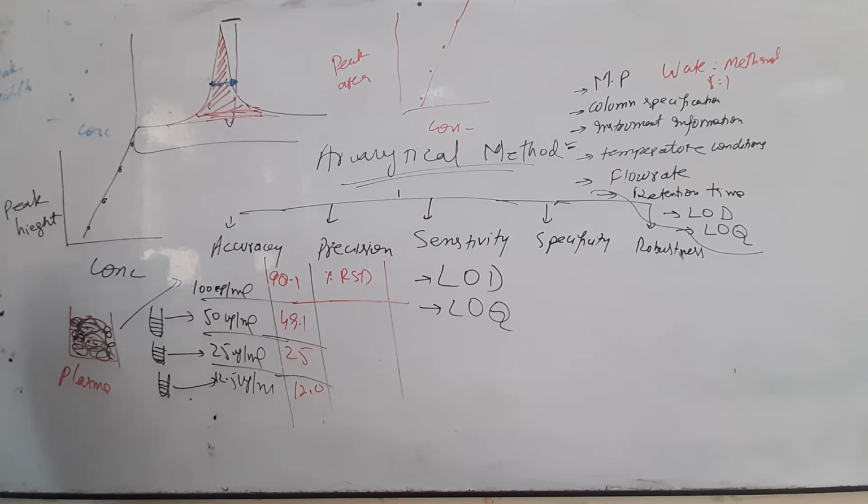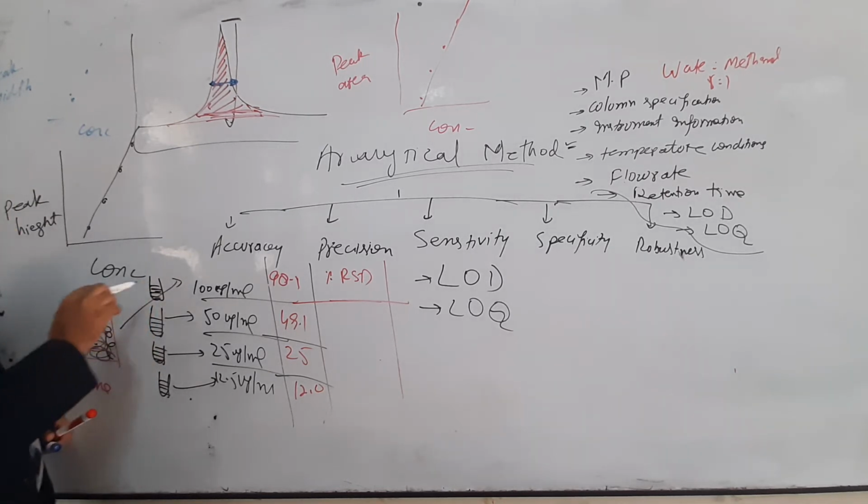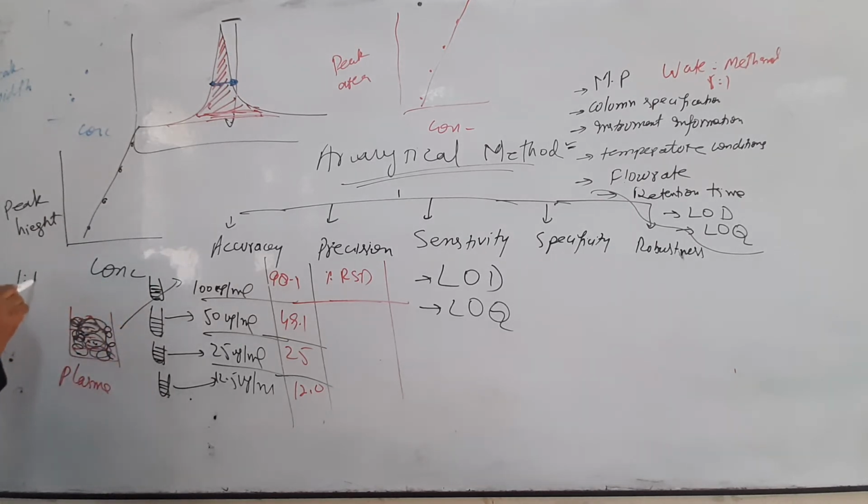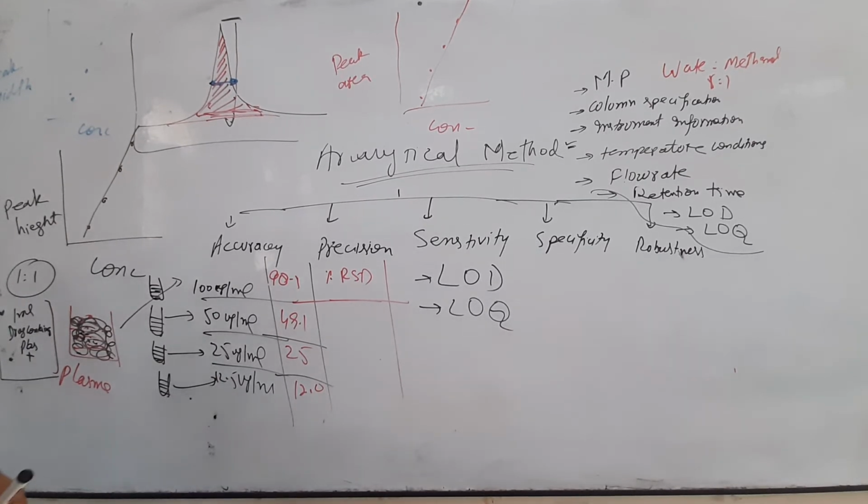Okay, how will we perform the process? We will take a concentration we have prepared in the plasma, and we will add a 1:1 ratio, say 1 ml of this drug-containing plasma plus 1 ml of DCM, dichloromethane, which is the deproteinizer.